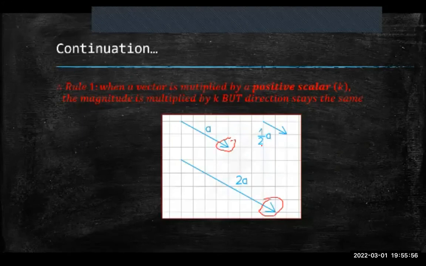Multiplying by a half is the same as dividing by 2, right? And that's why the magnitude of this vector, or the length of this vector, is a half the length of the vector A. But the direction stays the same. That's what happens when you multiply a vector by a positive scalar value. Do you understand that?